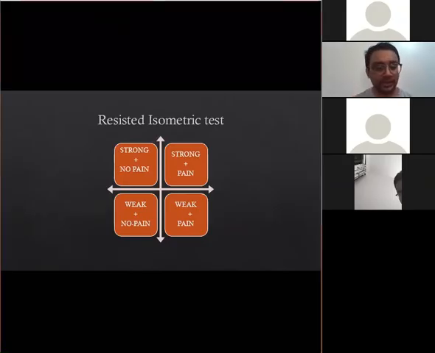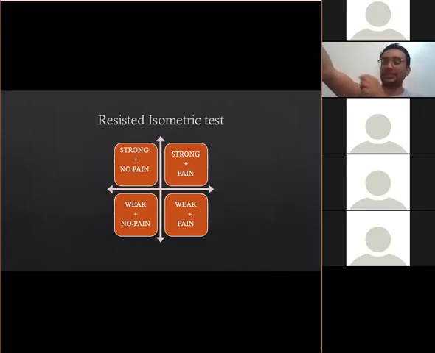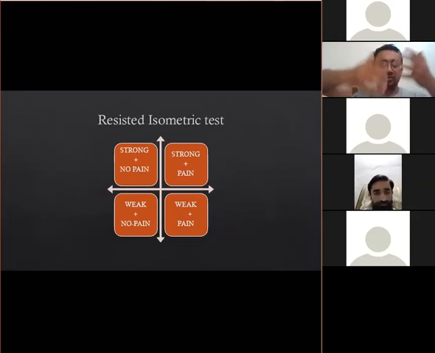So I was talking about weak but no pain. Okay, guys. One is nerve. Already done. Nerve could be involved. Another is, imagine the biceps is completely torn. From origin to insertion, the biceps is completely torn and there is no continuation, not even a thread of continuation.